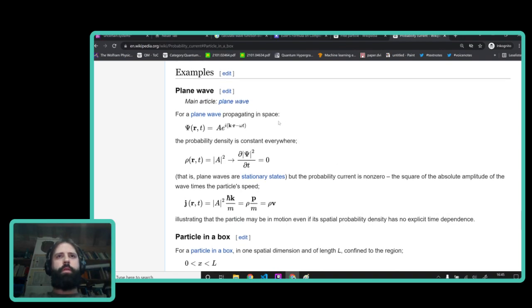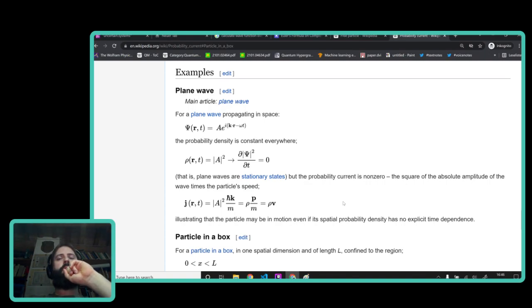For a plane wave propagating in space, the probability density is constant everywhere. Okay, so you have a probability density that is constant everywhere, so the rate of change is 0. This means that over time the probability density does not change. But the probability current is non-zero.